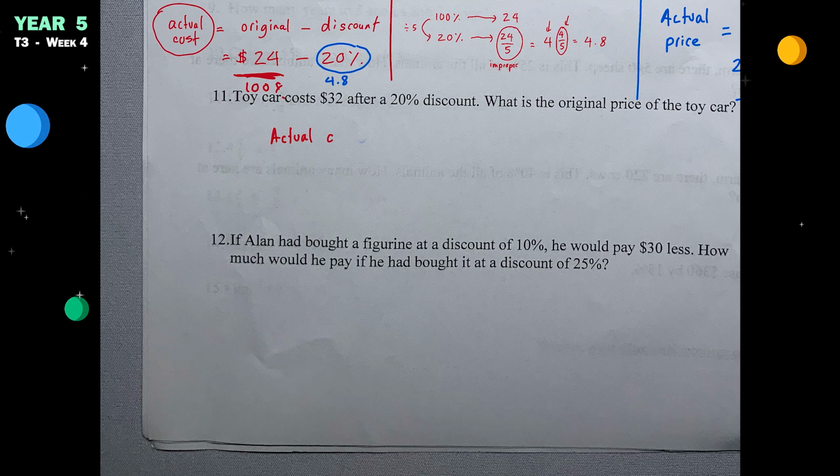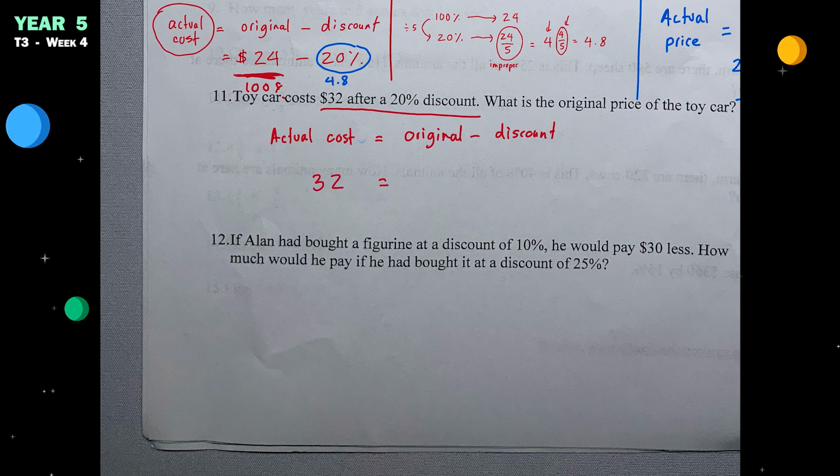Actual cost is equal to the original cost minus the discount. Okay, it says the toy car costs $32, so this is the actual cost because the discount has been applied already. So therefore $32 is over here, equals the original cost.